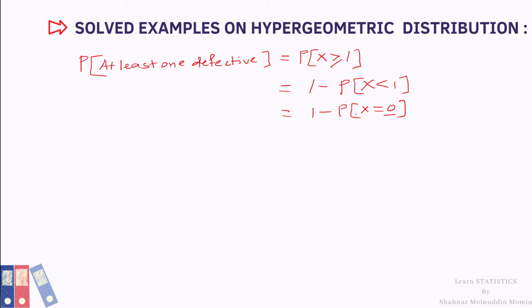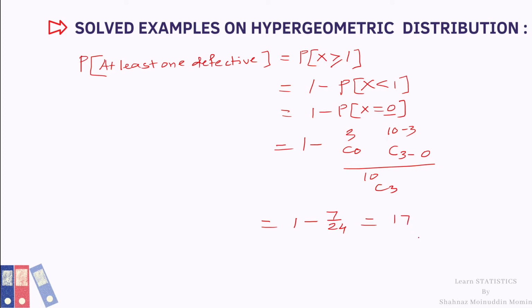Now we will calculate probability X equal to 0. Then 1 minus 3C0 into 10 minus 3 C 3 minus 0 divided by 10C3, which is equal to, after simplification, 1 minus 7 upon 24, and that comes out to be 17 upon 24.